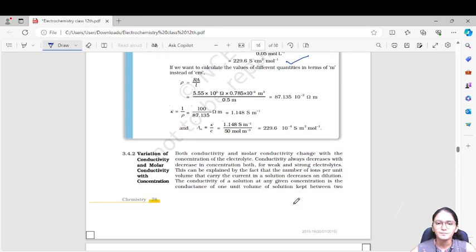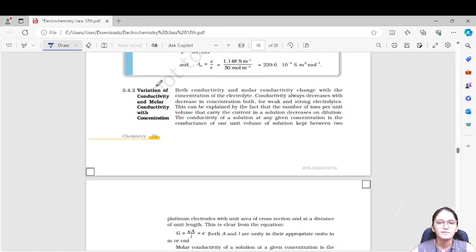Now we will see this very important concept, variation of conductivity and molar conductivity with concentration. Both conductivity and molar conductivity change with the concentration of the electrolyte, and conductivity decreases with decrease in concentration.